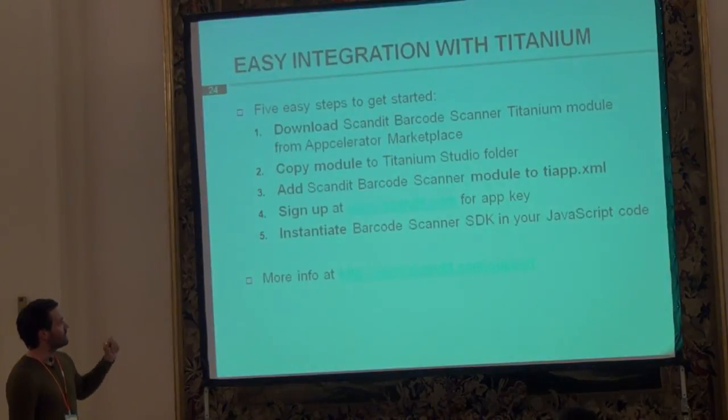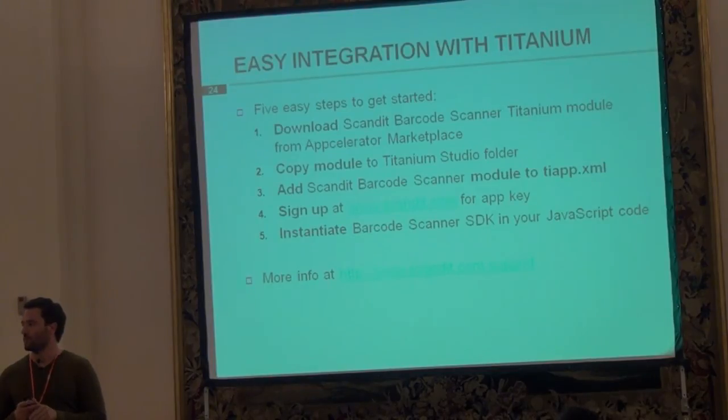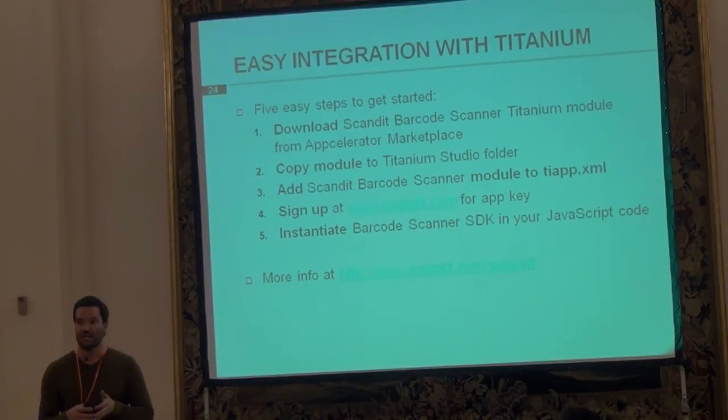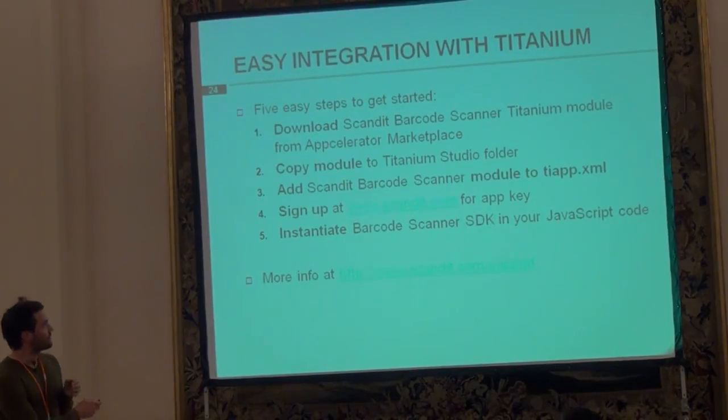Okay, so I'll skip the actual video. Everybody who wants to know can find me afterwards, and I'm happy to walk them through. But essentially, integrating our barcode scanning module with a Titanium application is really, really simple. Our module has been a featured application for the past few months and has been very popular, so you'll find it right there.